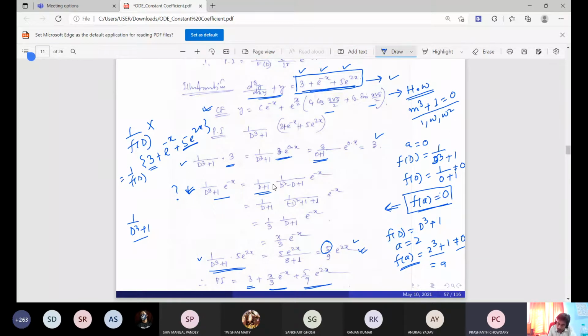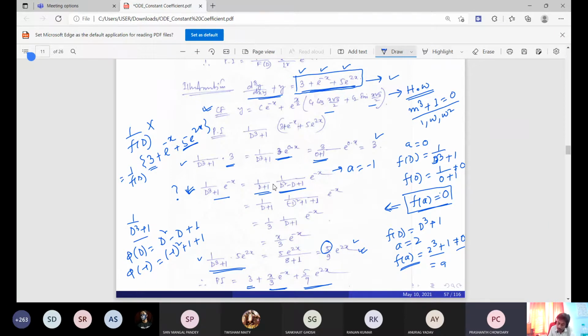Now this is your phi d actually. So phi d is d square minus d plus 1. And a is what here? See, a is minus 1. So phi of minus 1 you can easily evaluate. That is 3. So 1 by phi a is 3.